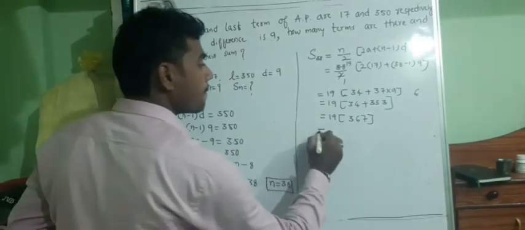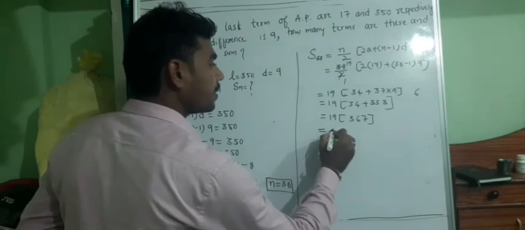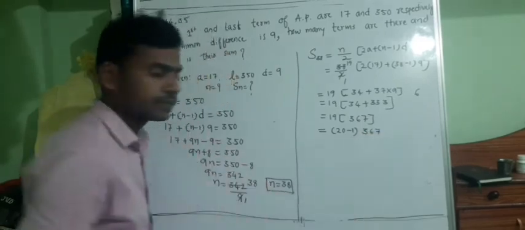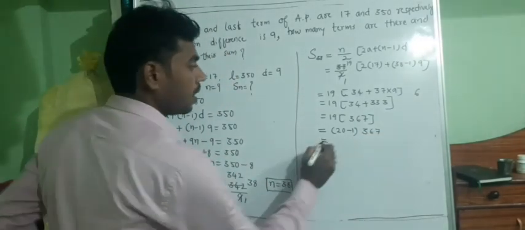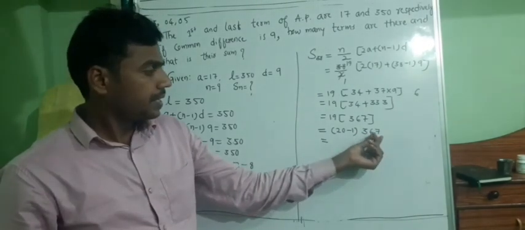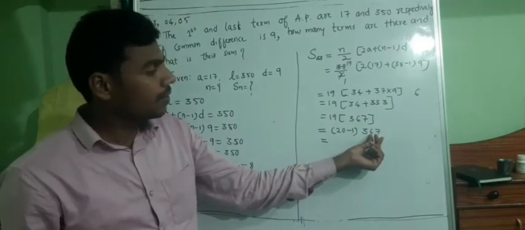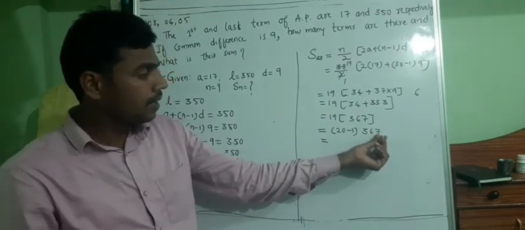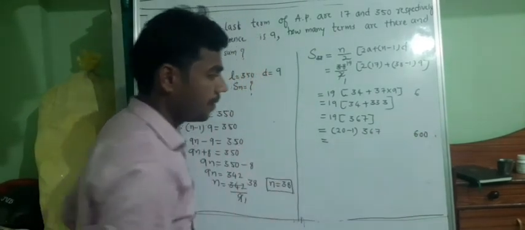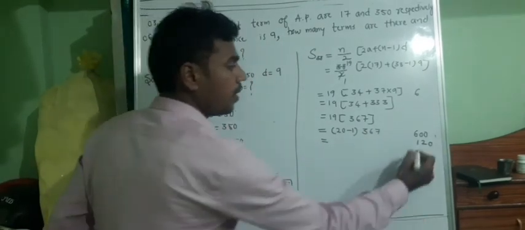Now I can write it as 20 minus 1 into 367. 300 is there, double it 600. 60 is there, double it 120. 600 plus 120 is 720, plus 7 double it 14.